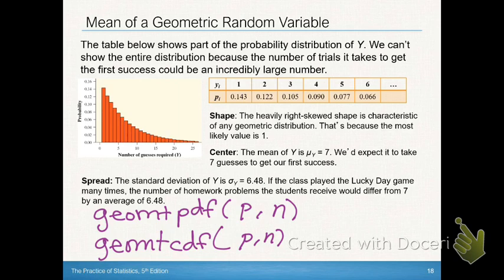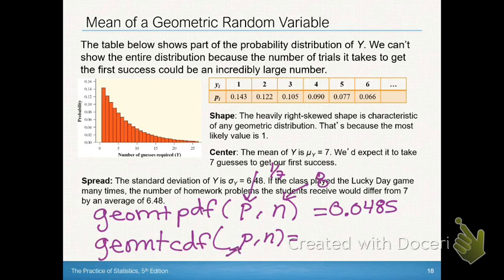So if I wanted to find the probability that the first student that guesses it correct was the 8th student, I would put in an 8 for the n here, the number of students until the first one got it correct, and then the p, that's my 1/7, my chance of getting it correct. That would give me the chance that it was exactly the 8th student that got the question correct. If we put that in our calculator, we're going to get that it's about a 5-ish% chance that it's the 8th person that's the first person that guesses the day of the week correctly.